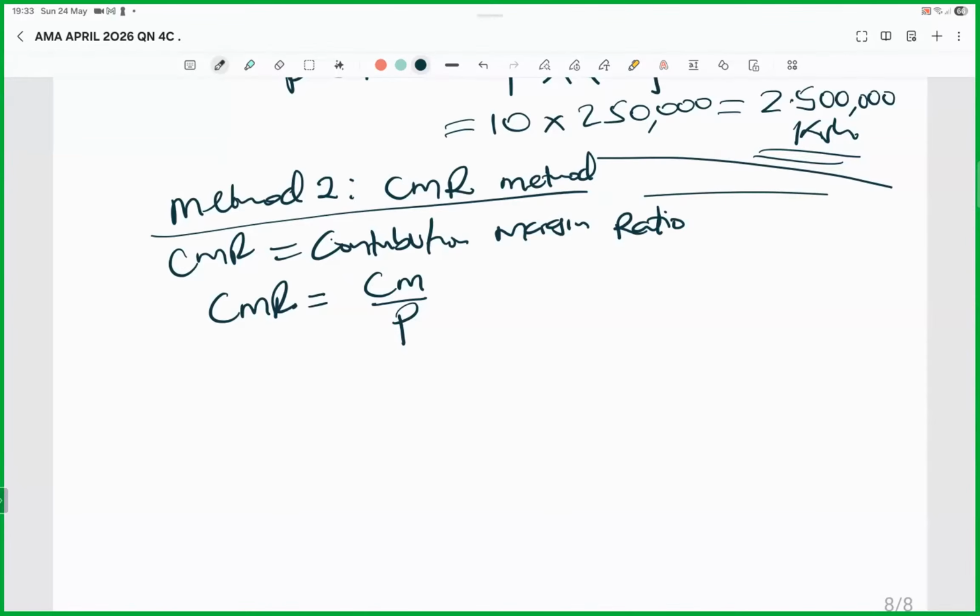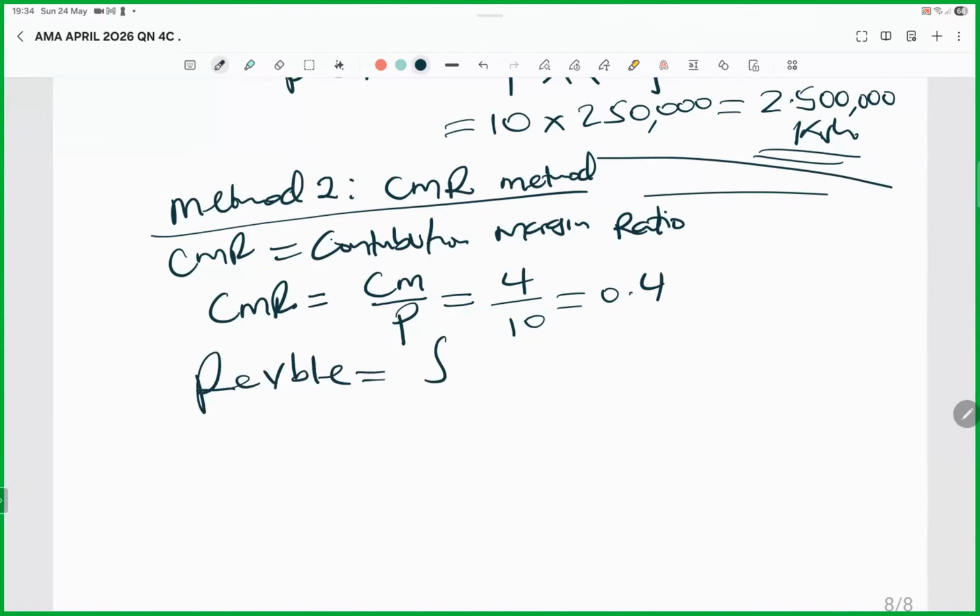In this very question that we have done, are you guys able to remember our CM? What was our contribution margin, the one that we have done up there? Margaret, thank you so much. It's 4, and the price is 10, which will end up giving us 0.4. Now, once I've gotten this contribution margin ratio, to get revenue break even, now I can do this directly.